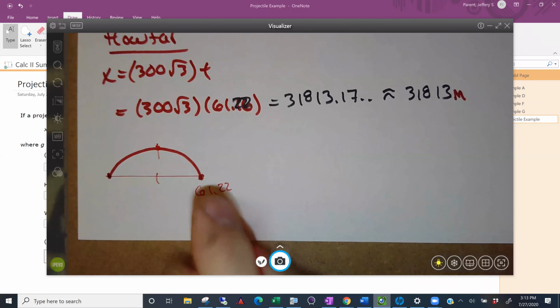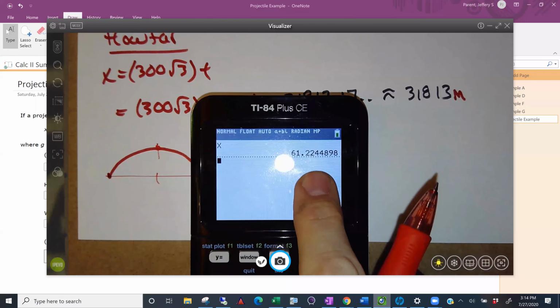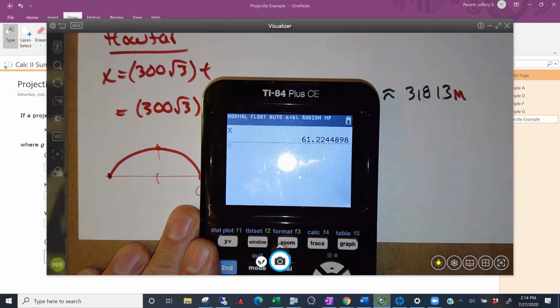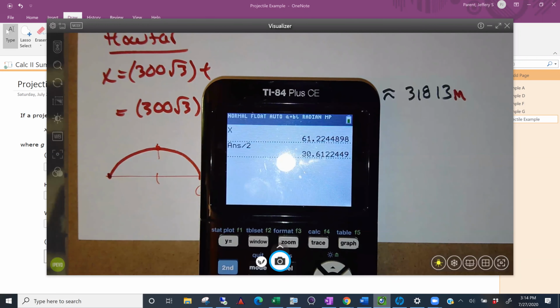So I need to take this and divide it by 2. I've got the full value right here, so I'll divide that by 2. And now I just want to find the y coordinate at that point.